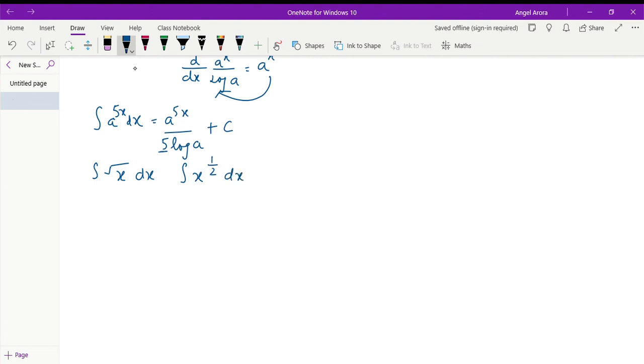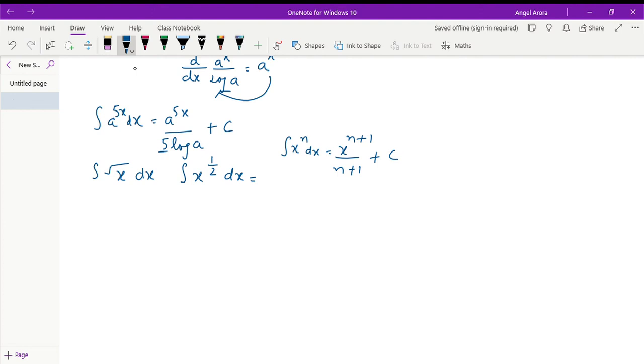So we simply follow the power rule here. What was the power rule? The integral of x^n dx is x^(n+1) upon n+1 plus c.